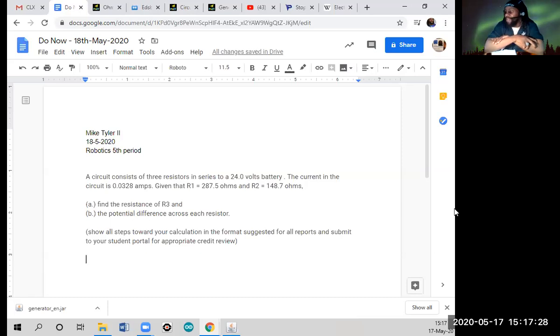Basically, you want to set yourself up with the equations for what to do. Let me go back to the notes. I already know I'm going to start with Ohm's law, right? So part A, start with Ohm's law.